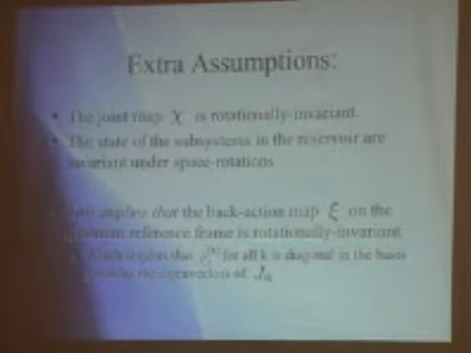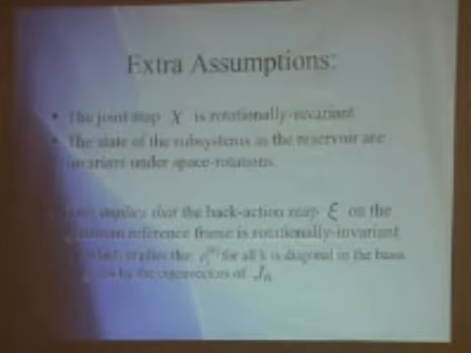Now, the fact that the map applied to the quantum reference frame is covariant with respect to SU2 implies that all the new quantum reference frame states that we're going to have will also be diagonal in the basis given by the eigenvectors of the angular momentum in the n direction. Remember that the initial state had this property.